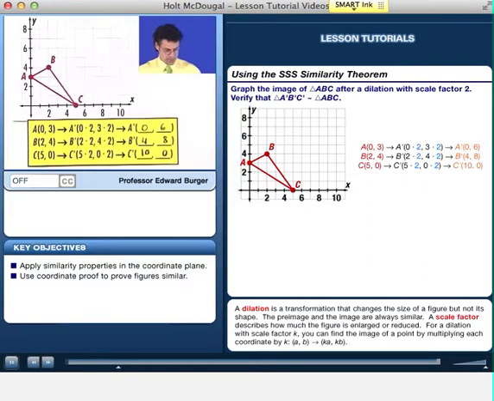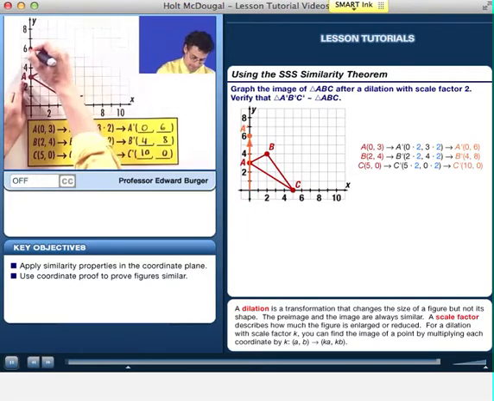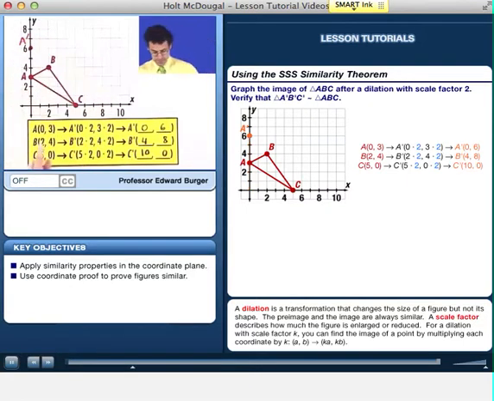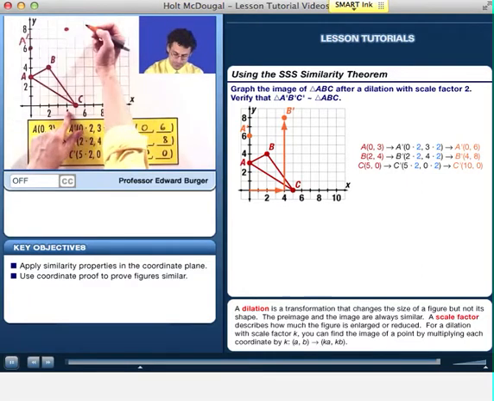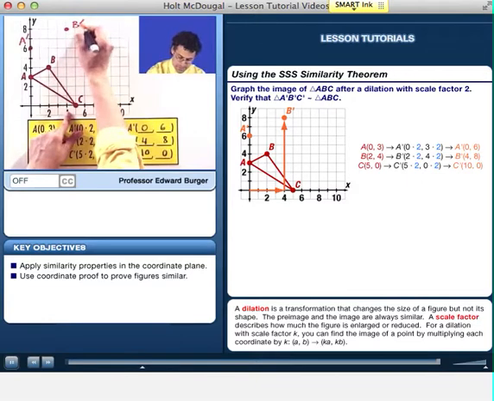And so we can now plot those points, which I'm going to elect to do in orange. So the image of A is going to be A prime. It's (0, 6). It's up here. B is going to be (4, 8). So I put that up here. That's B prime.